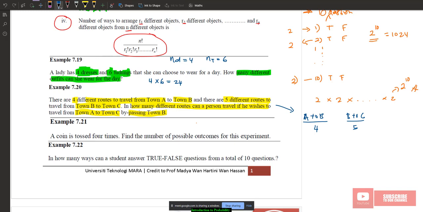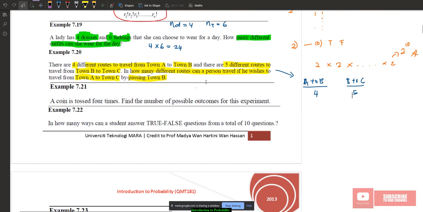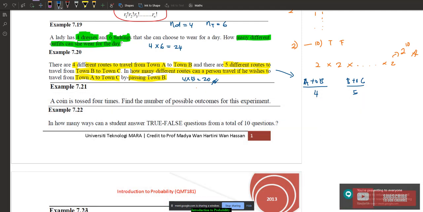By the first formula, if a task can be done in M ways and another task can be done in N ways, then we use M multiplied by N. So 4 multiplied by 5 gives 20 possible different routes that a person can choose to travel from town A to town C.